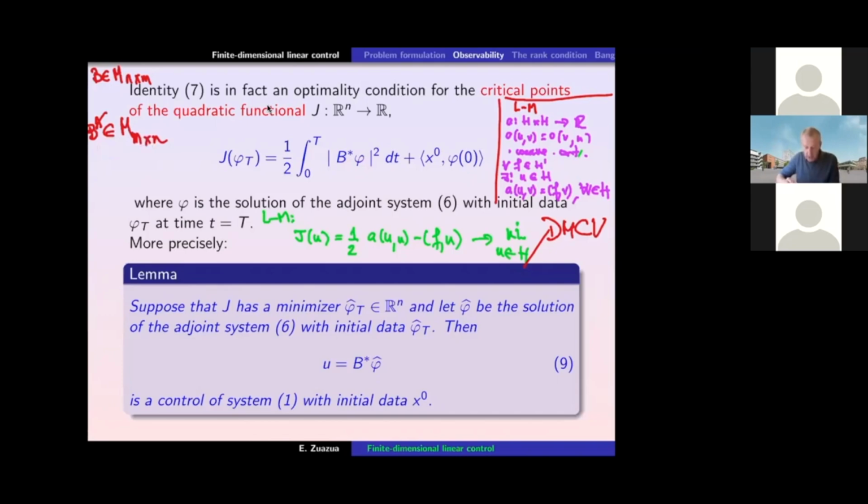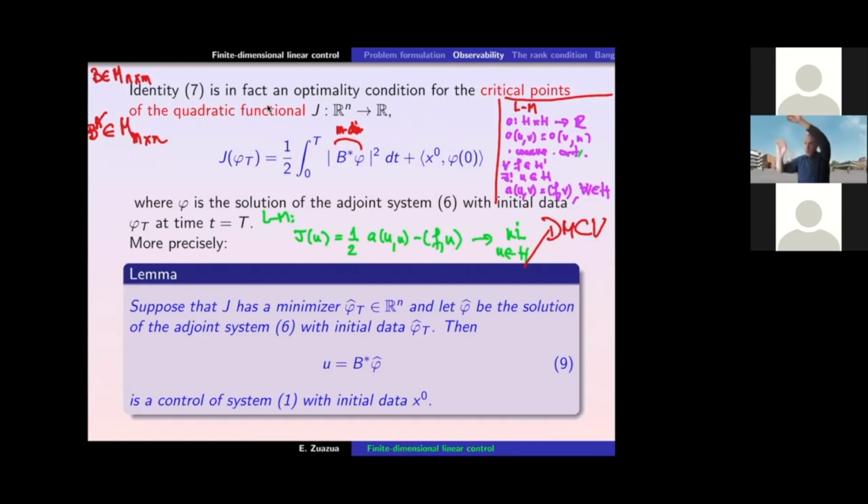So this gives you an m-dimensional vector. You see in particular that when m is equal to 1, when there is just one control, this B star phi is just a linear combination of all the components of phi, right? So this is like if you have a vector which has a very large dimension, phi 1, phi 2, phi 3, phi n, but out of this column vector, you just see a linear combination of all the components.